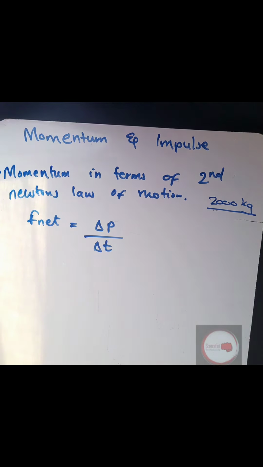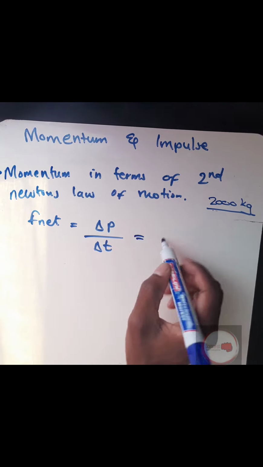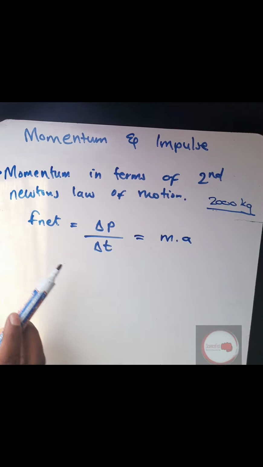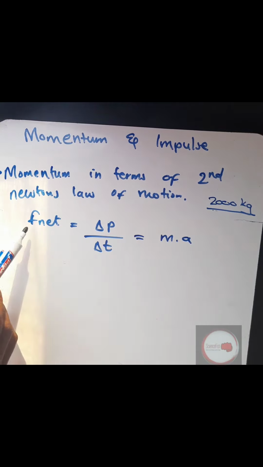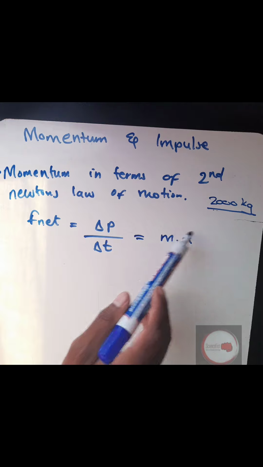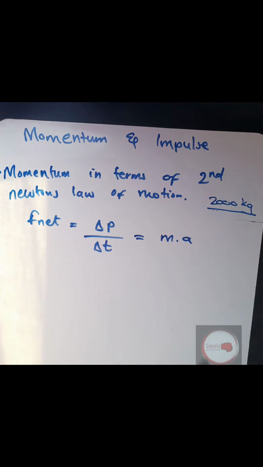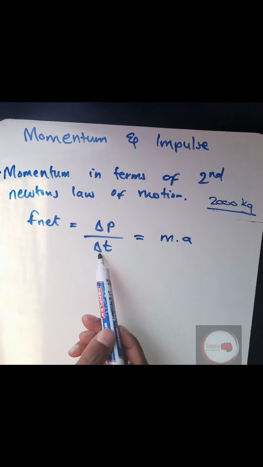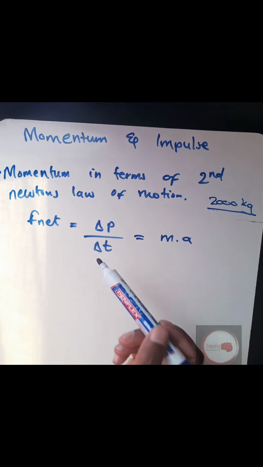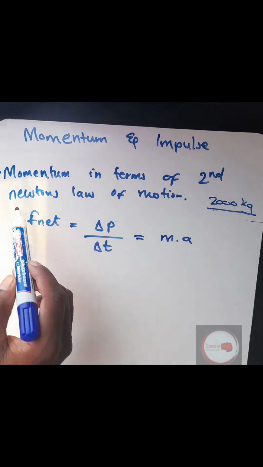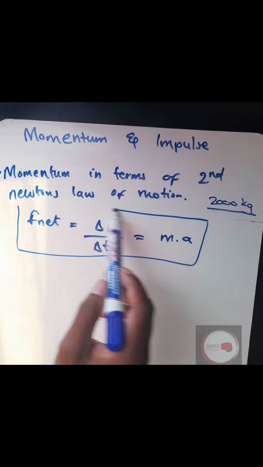It's totally possible. You just equate this to ma as well. So if you get momentum, you can still find the resultant force. If you get mass and acceleration, you can still do that. Let's say you don't have acceleration, but you have time and momentum, you can find that. Just work with this.